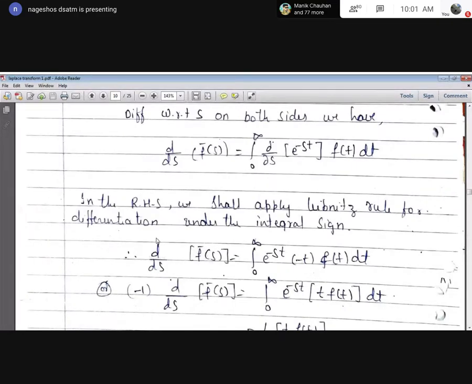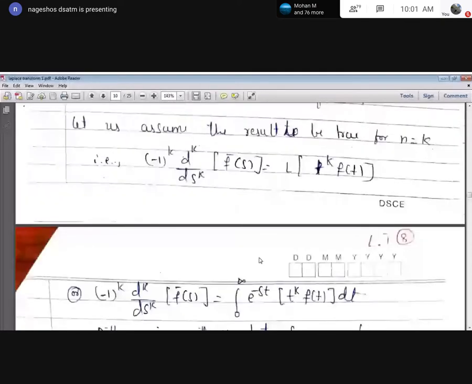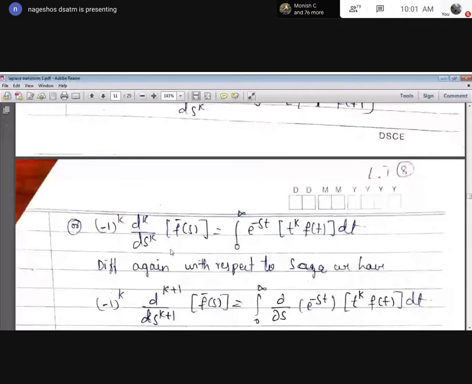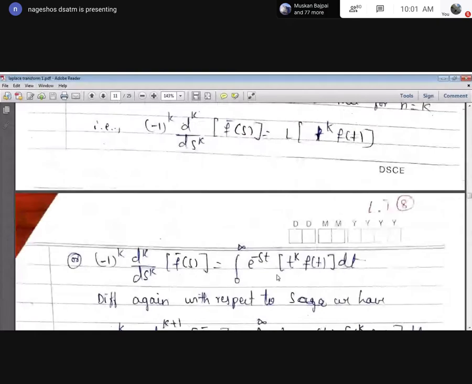It is true for n equal to 1. Next we will assume that it is true for n equal to k: minus 1 power k, d power k by ds power k of f bar of s equals L of t power n f of t. Now to prove this, take minus 1 power k d power k by ds power k of the Laplace transform definition: L of f of t is integral 0 to infinity e power minus st f of t dt, where f of t means t power k f of t.